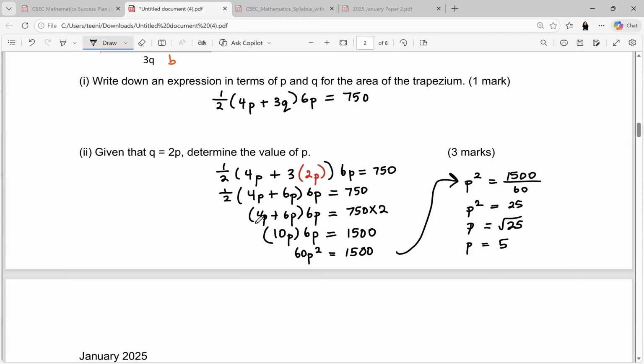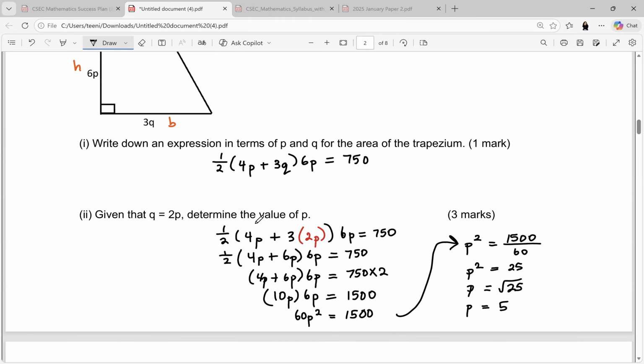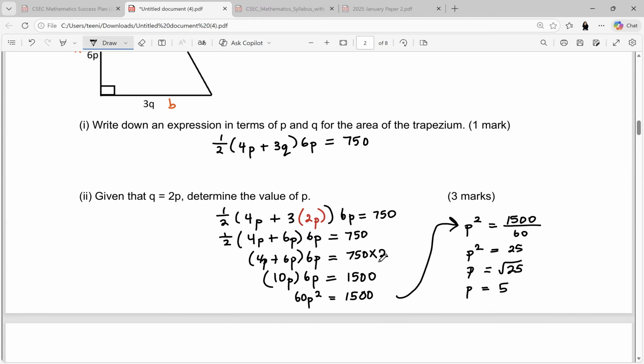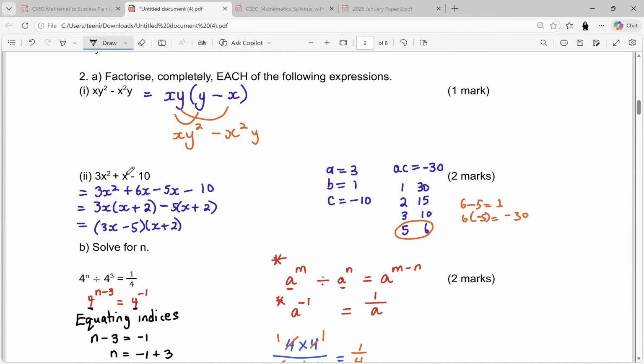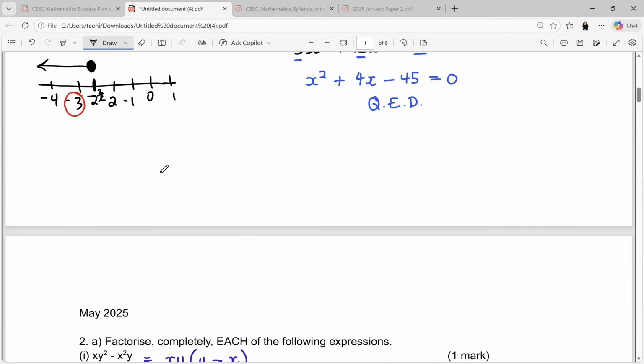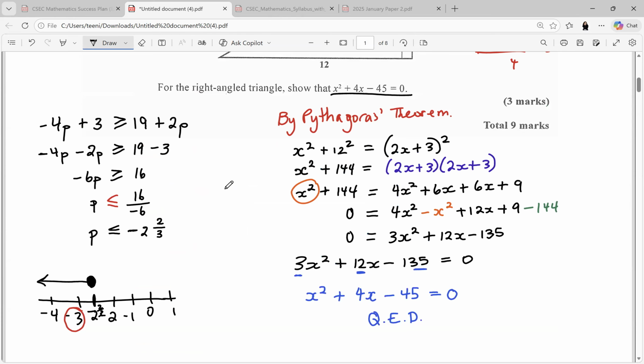So far, I'm going to tell you the topics. This is solving equations with substitution involved. This is laws of indices. This is factorizing quadratics. This is regular factorization. Here we had inequalities.